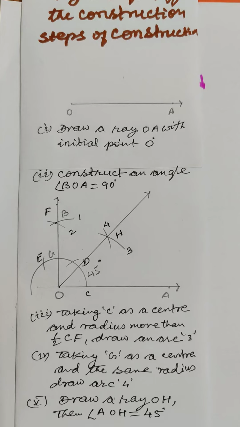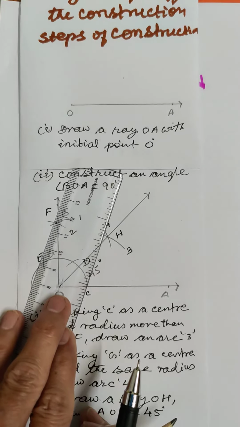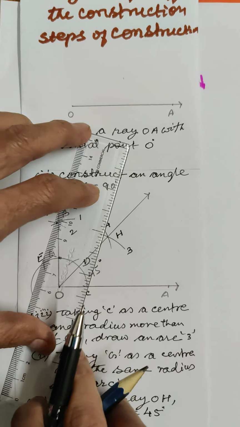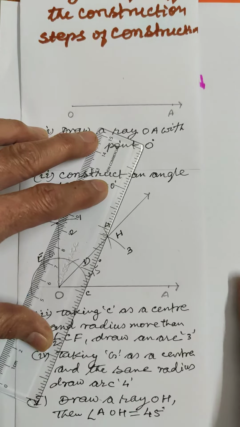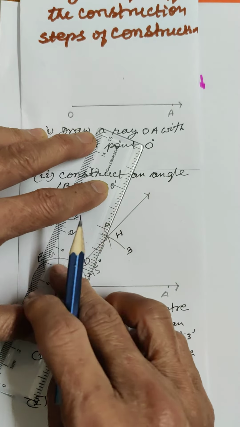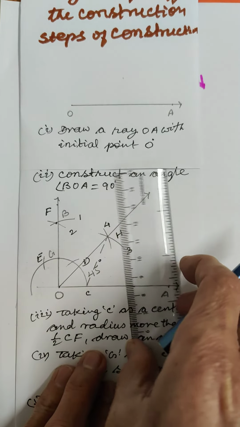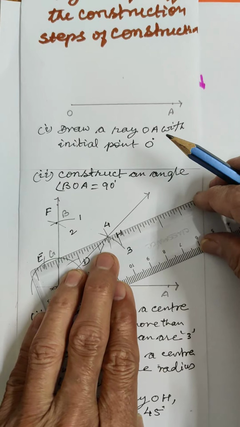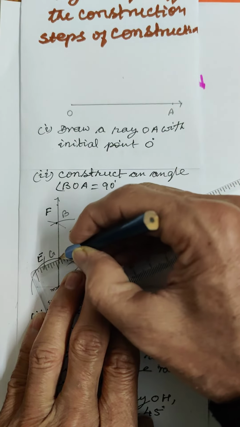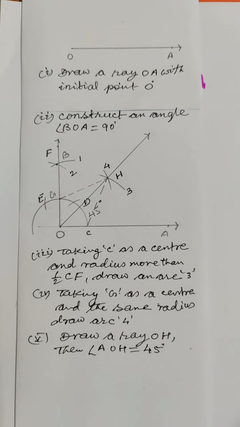Now justification. For justification, we shall join G to C, C to H, and also G to H. This we have done. Justification of the construction now.